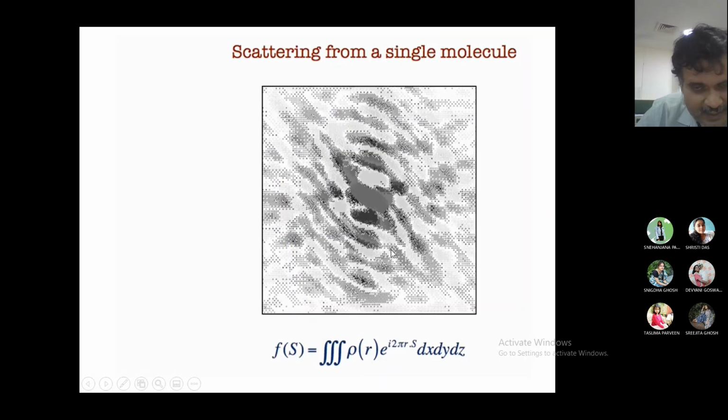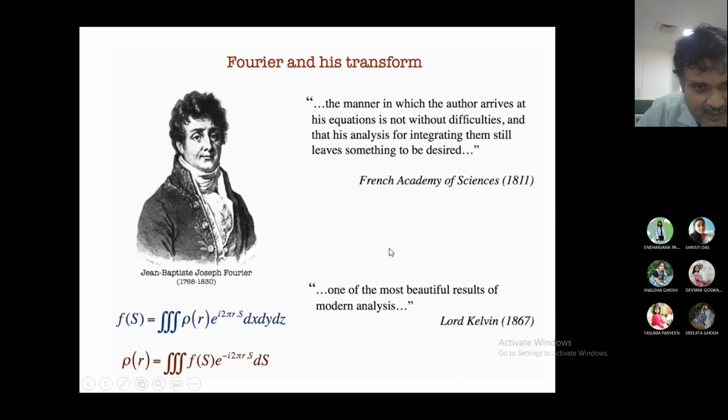The electron density of a particular point. So if we invert this equation, or do a reverse Fourier transformation, we can get to that point of electron density. So this is the original integration equation.